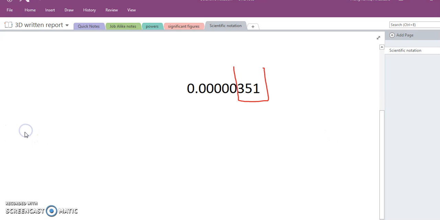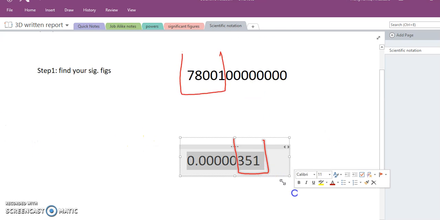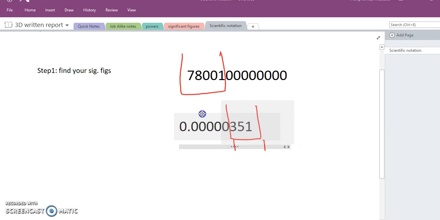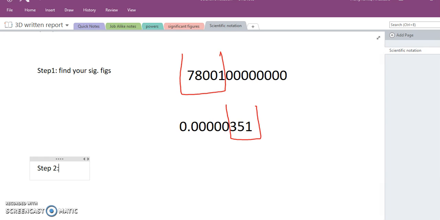So let's move on to step 2. Step 2, we would have to move the decimal point behind the very first sig fig of our number.